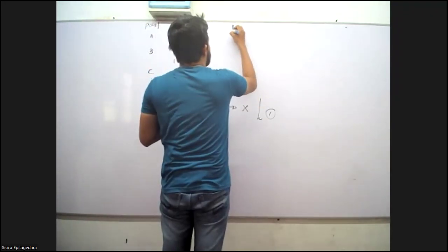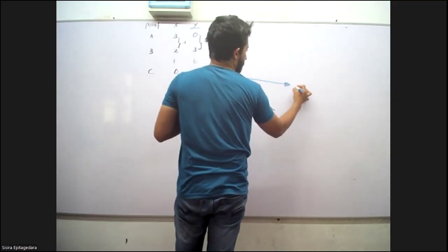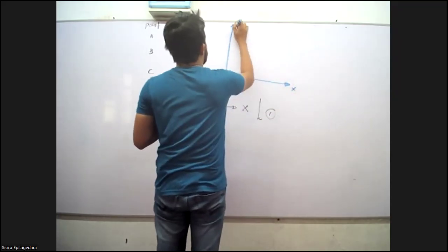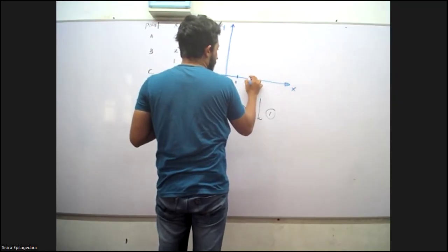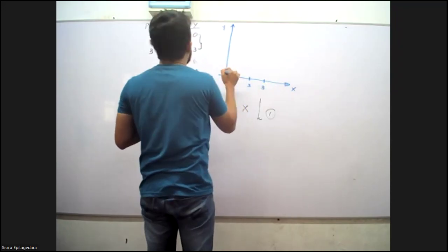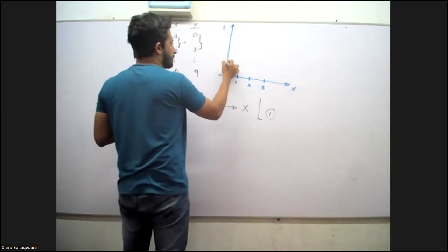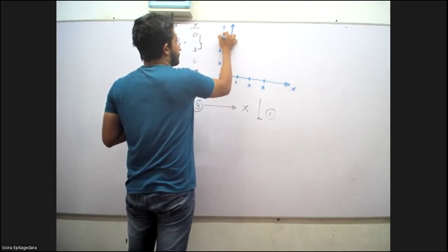The PPC curve would be, right, X production and Y production. When X production increases by 1, 2, 3, Y production increases by 3, 6, 9.